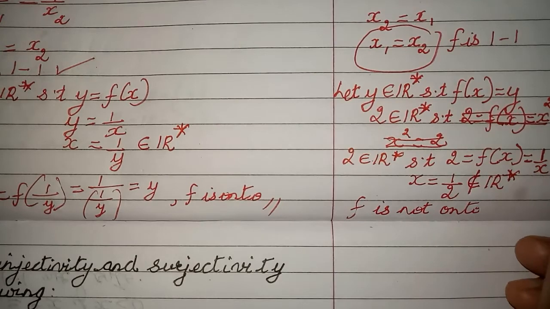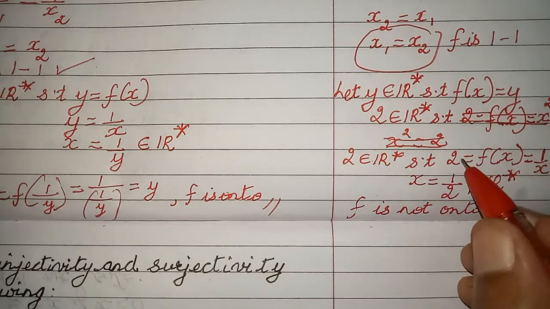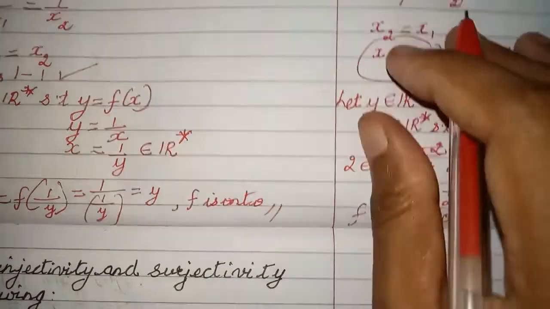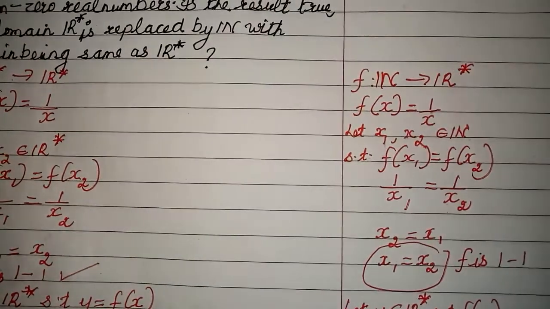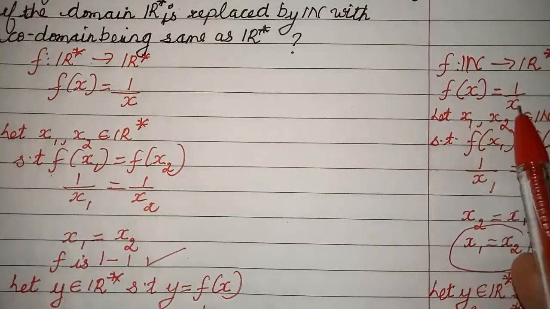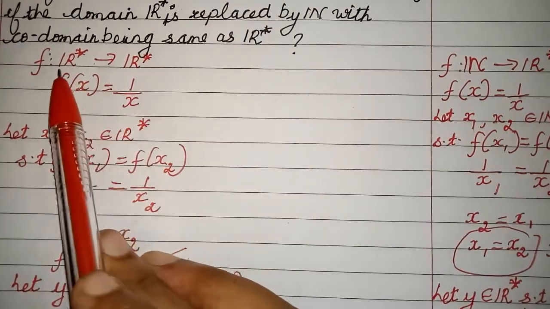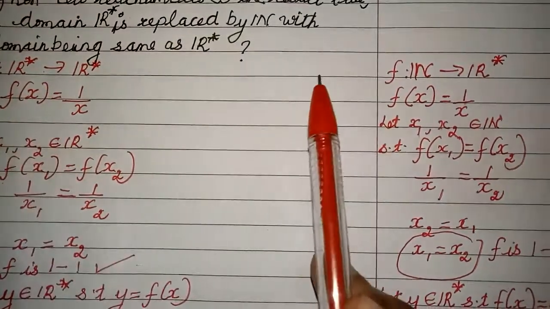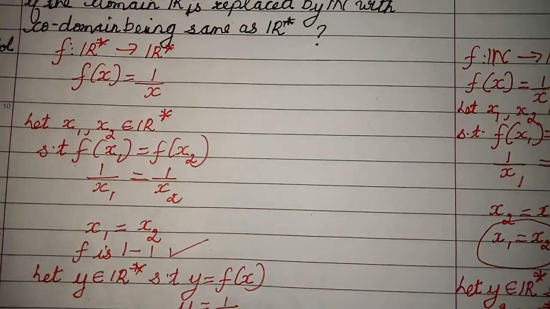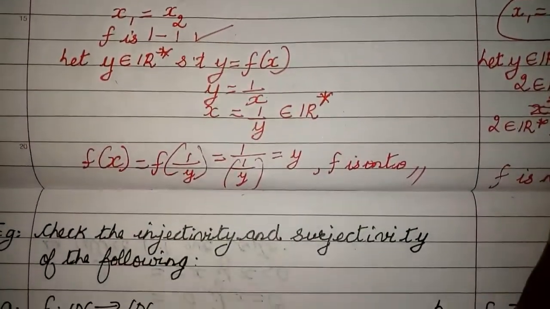So if 1 by x has to be 2, then x has to be half, and half is not there in R star. So you can say that f is not onto. So you can see that, children, the same definition of function, but with a different domain, only the domain is changed and your answer is changing. So you have to be very careful while doing the problems.